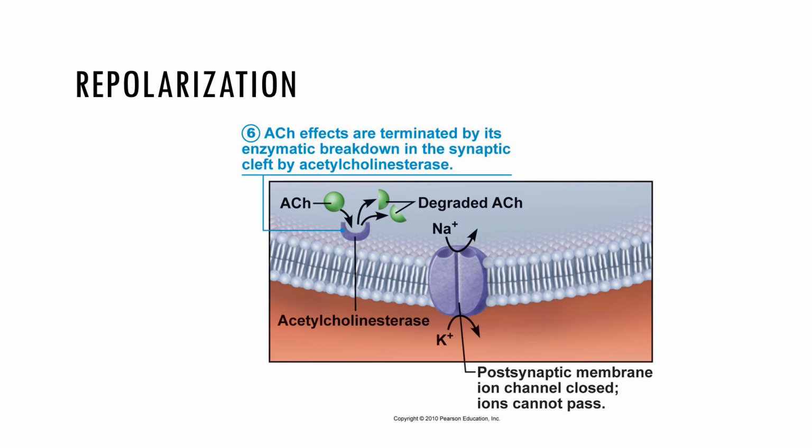The influx of sodium now stops, but potassium begins to leak out so that the outside of the membrane switches back to positive and the inside of the membrane becomes more negative. This restores the charge across the membrane, which is known as repolarization. However, because more potassium ions eventually leave than is necessary, the membrane can become hyperpolarized.